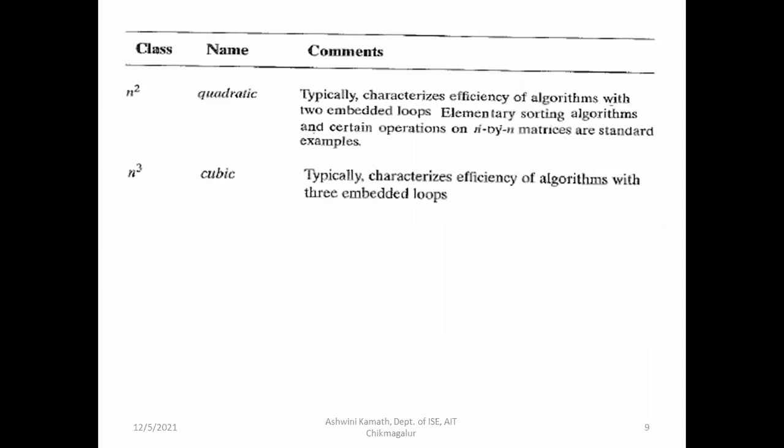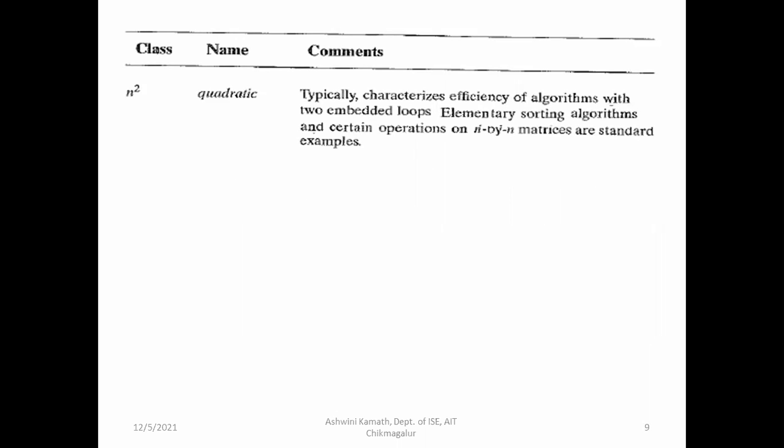The next one is n square. N square is called quadratic. It typically characterizes the efficiency of algorithms with two embedded loops. Elementary sorting algorithms and certain operations on n by n matrices are standard examples for this.